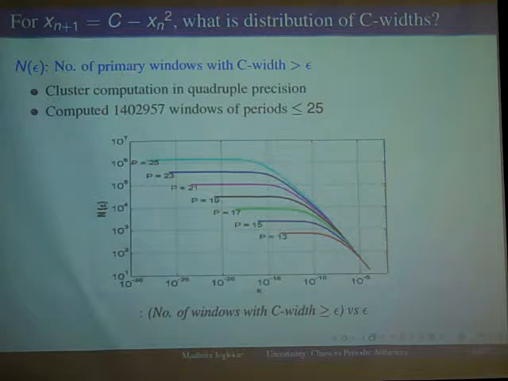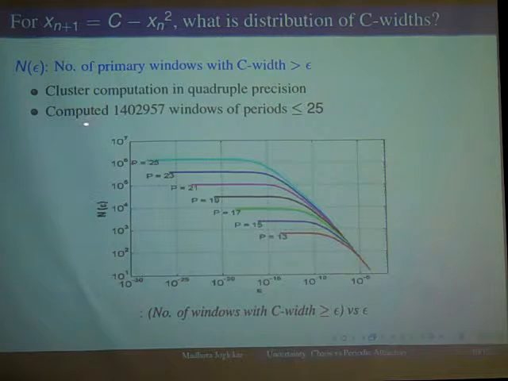As I already said, there are infinitely many windows, and as the periods of the windows increase, there's an exponential growth in the number of windows. So it's not possible to compute the widths of all the windows. So we fix a maximum period and we look at the windows of period smaller than or equal to that period. We looked at maximum periods 13, 15, 17 and so on till 25.